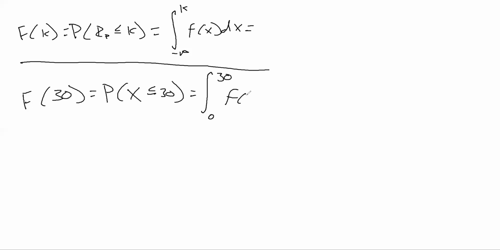This is going to have some distribution, and then you would solve for this, and that would give you the probability of that person being there for 30 minutes or less. So this would be finding a probability of a continuous random variable.